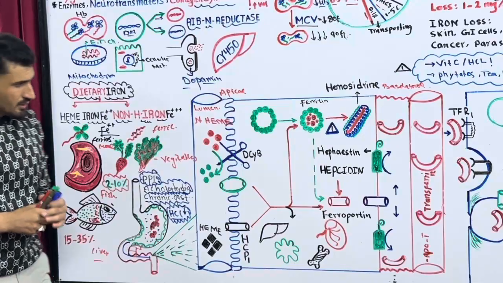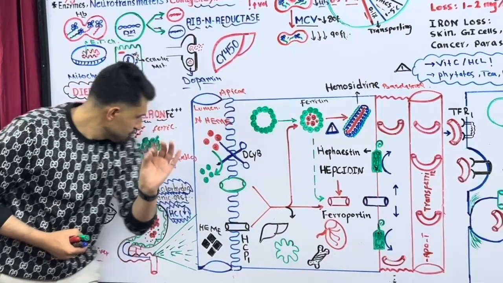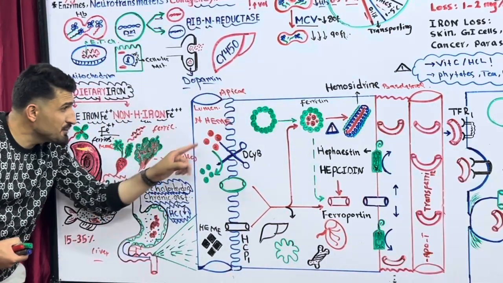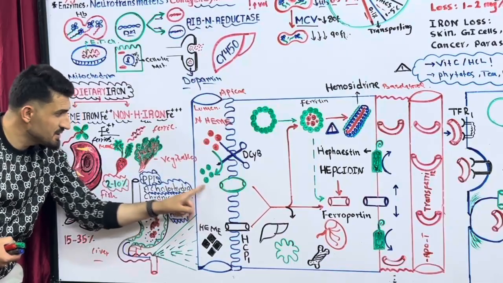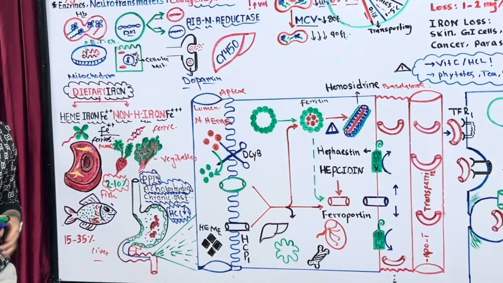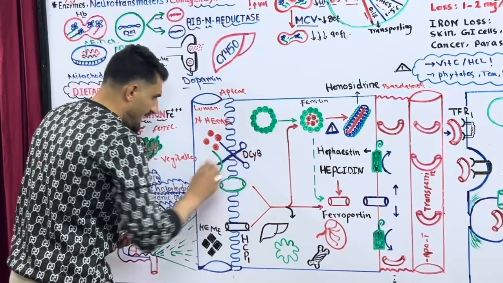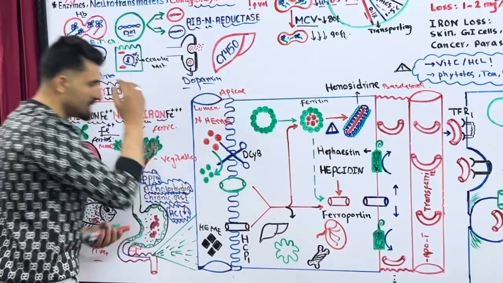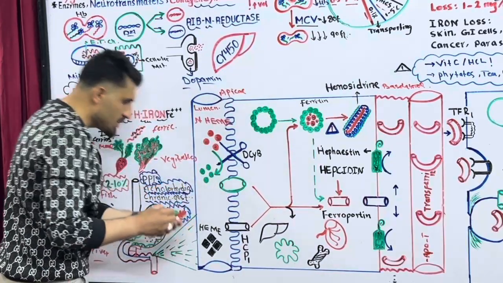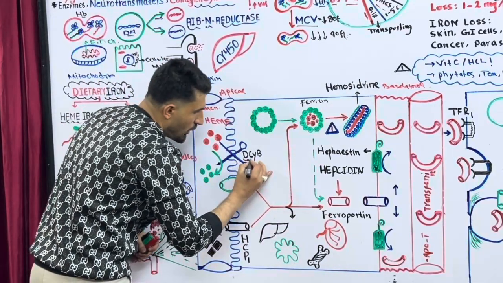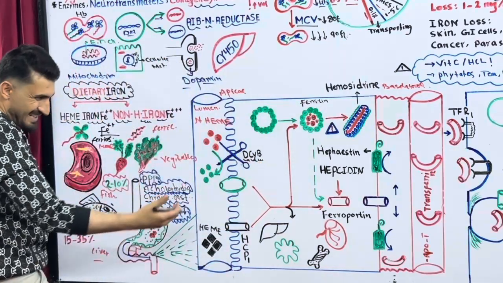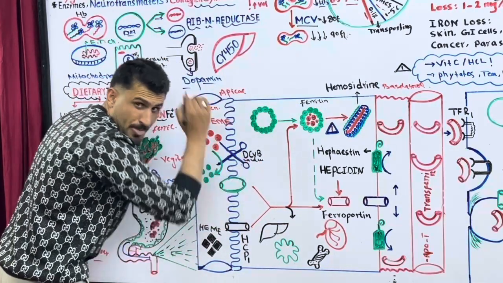Point number one: if you want to absorb non-heme iron, you have to first convert non-heme iron to heme type iron. So here, you need an enzyme in the apical site of the jejunum, which is called jejunal cytochrome B, or sometimes reductase jejunal cytochrome B.